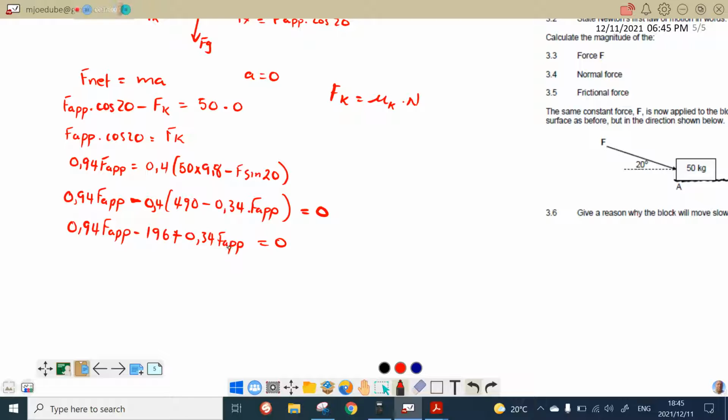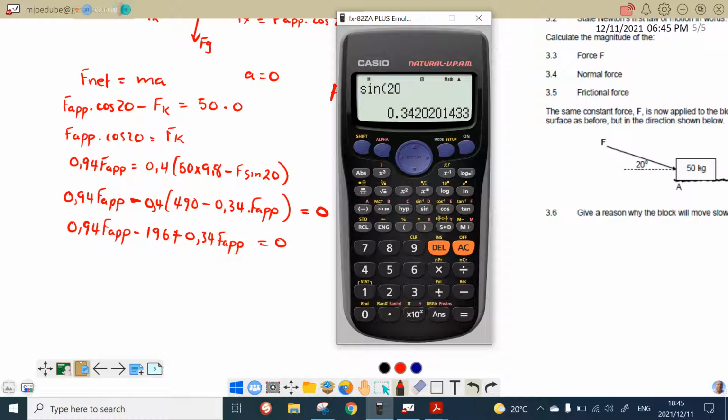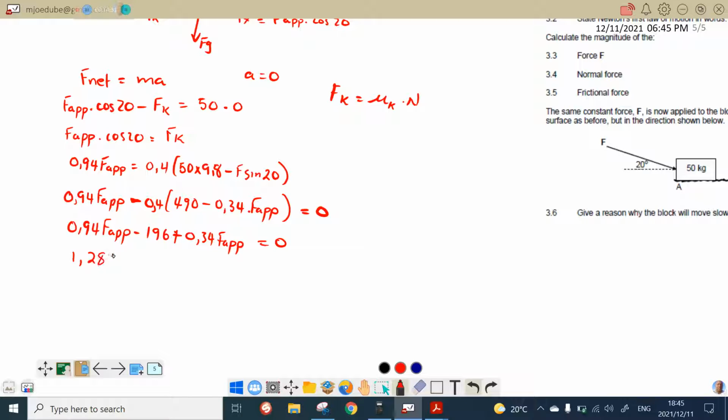So it's going to be equal to 0.94 plus 0.34, which gives you 1.28. So this is 1.28 F app is equal to 196.